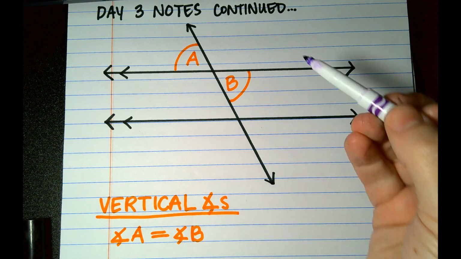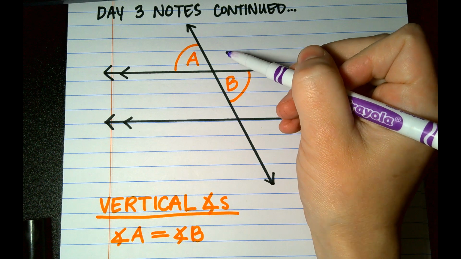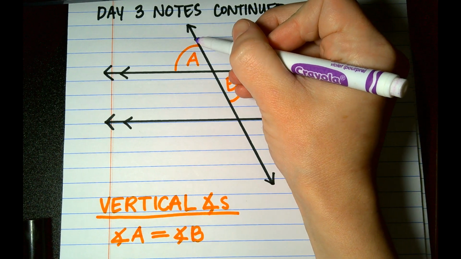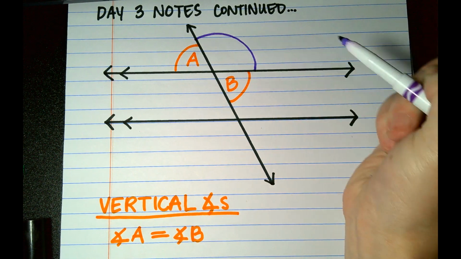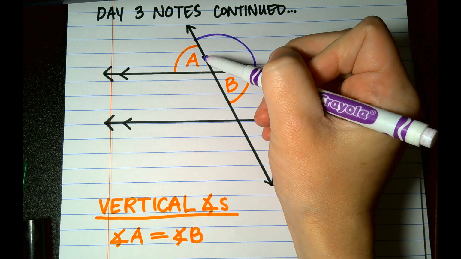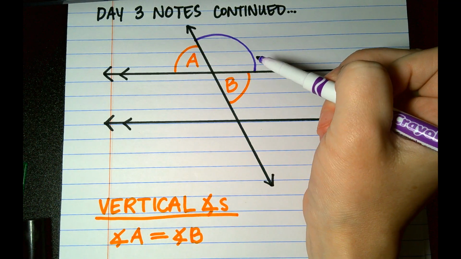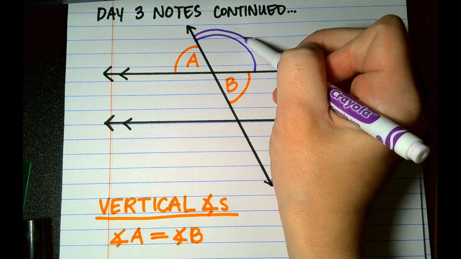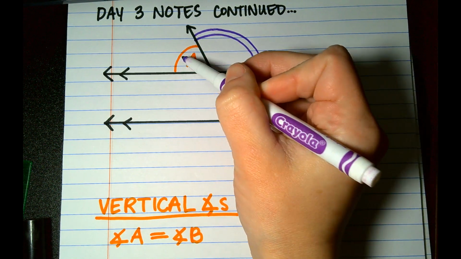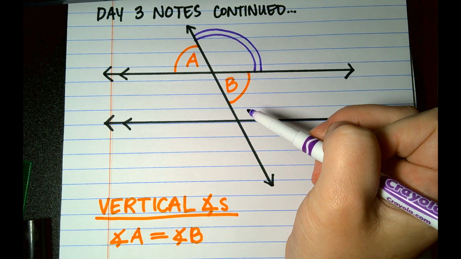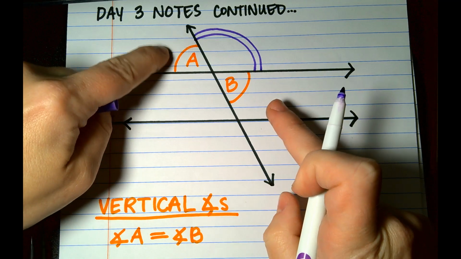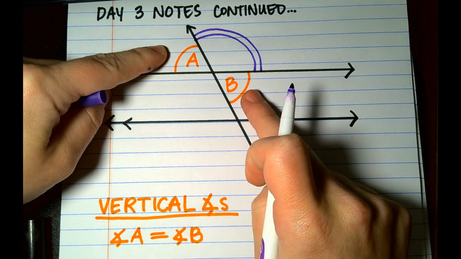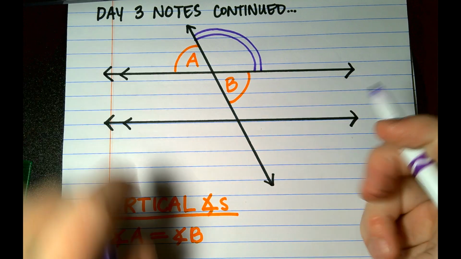We could also look at the bigger angles. So I'll use a different color. Now, instead of one arc, I'm going to use two because whenever I label angles with the same amount of arcs, it means that they are the same. So because A and B are the same, I only put one arc.